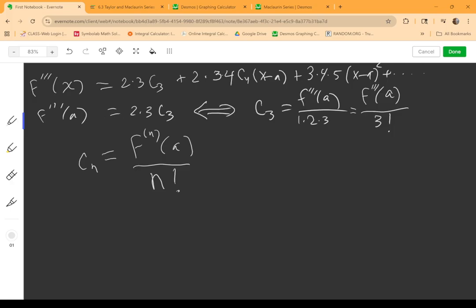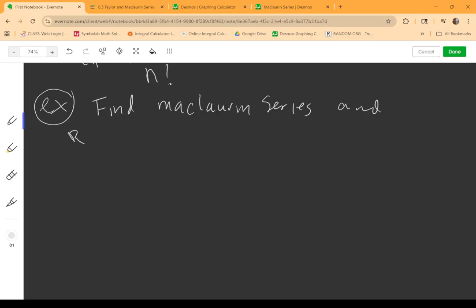All right, so let's take a look at a quick example here. Let's say that I want to find the Maclaurin series and the radius of convergence of f of x equals e to the x.